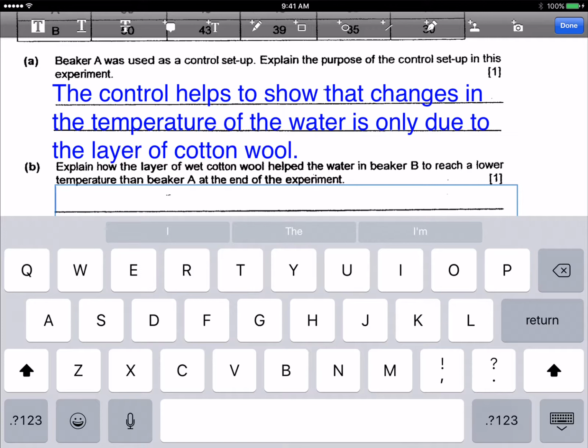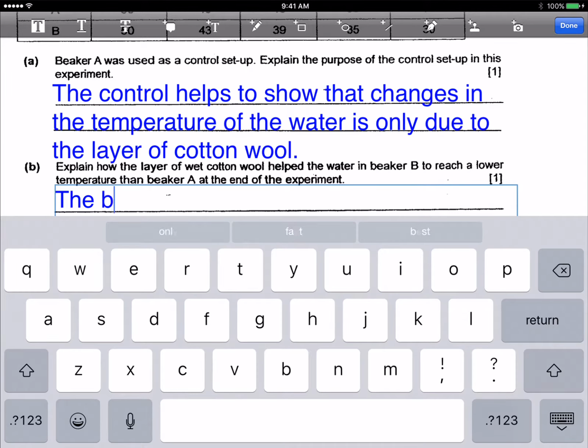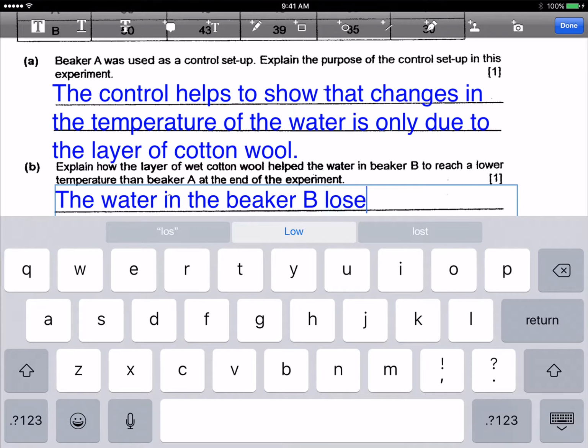Okay. Let me write down. The water in beaker B loses heat faster.